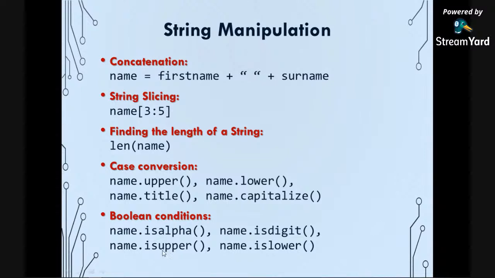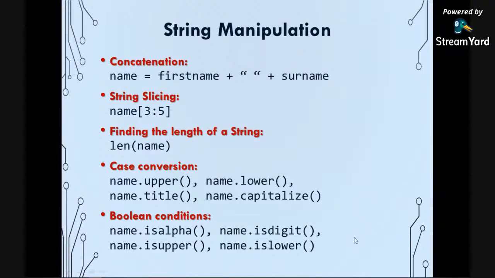Then name.isupper would be asking, are all the characters in uppercase. name.islower would be, are all the characters in lowercase. All of these return either true or false depending on what you end up with.